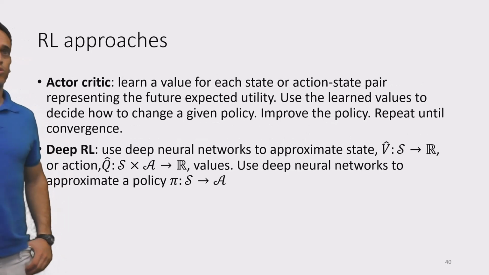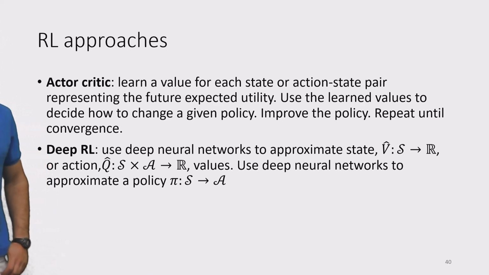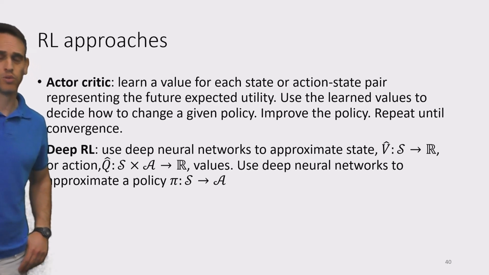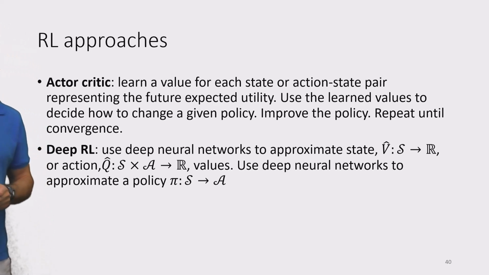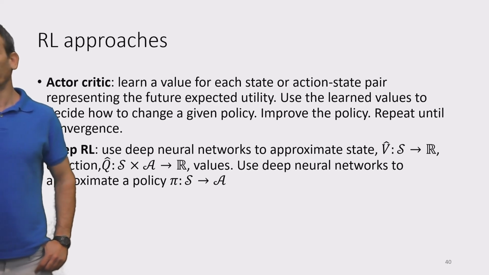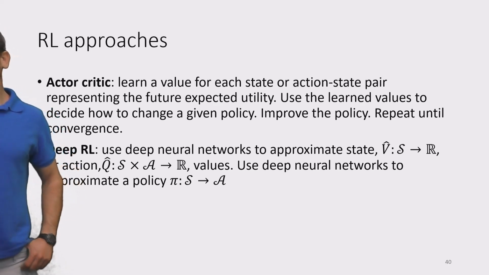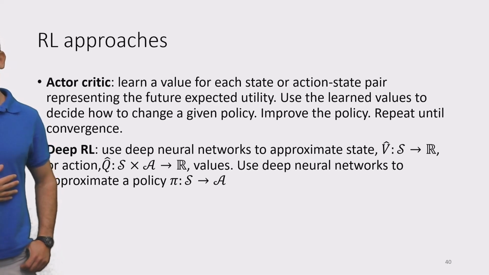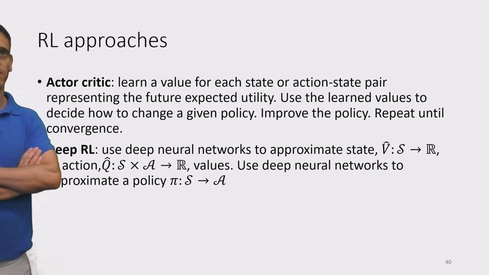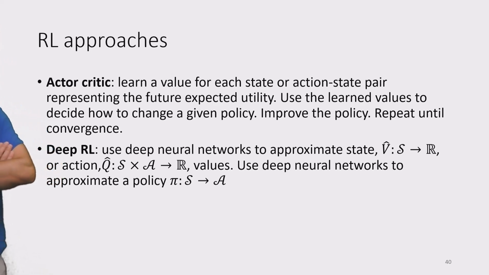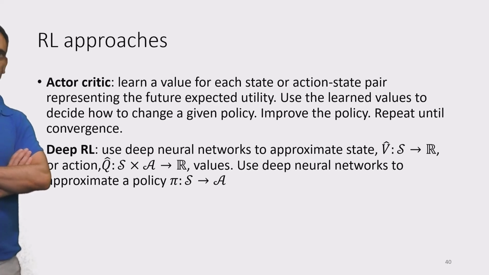These approaches can be further classified into actor-critic approaches, where we both learn a value for each state or action-state pair, representing the future expected utility as in value-based approaches, but we use the learned values to decide how to change a given policy.